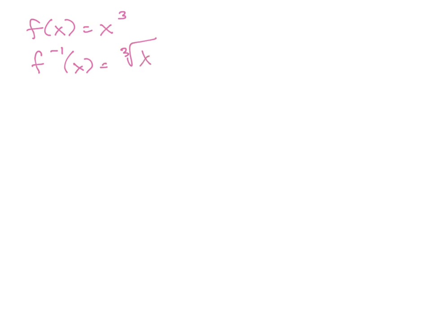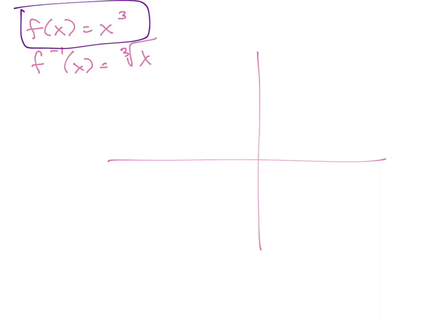So if f of x is x cubed, let's get a good color for that. Purple. I grew up in a purple school, so I'm partial to purple. If f of x is x cubed, we're going 0, 0, 1, 1, and 2, 8. And then negative 1, negative 1, negative 2, negative 8.